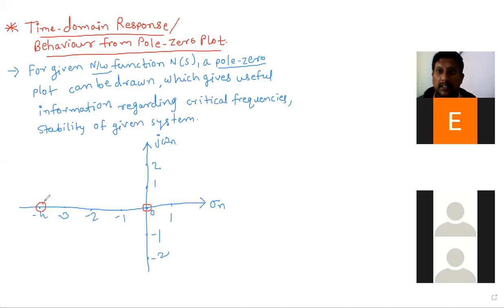Now poles we can consider. Suppose a pole is present over here. If complex poles are there, they must lie in a pair, that is a complex conjugate. Suppose here is one pole, and next one, suppose here is one pole.